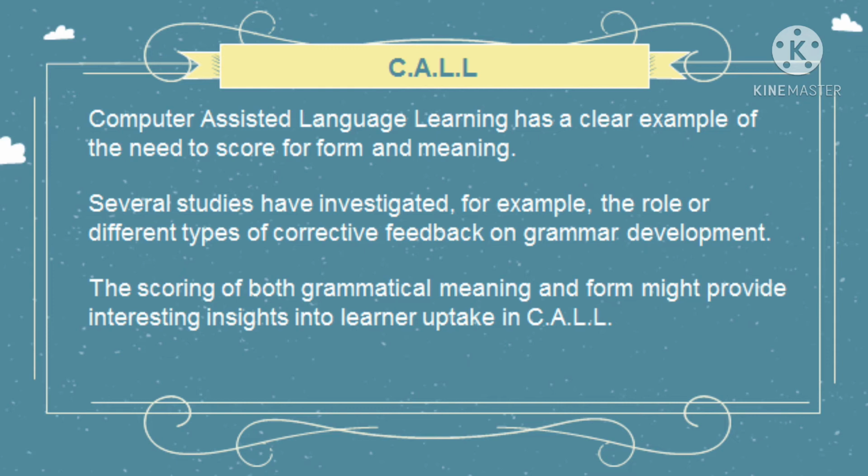These studies proved that there is a need to give a score to the learner's language learning performance in order for them to perform better. The scoring of both grammatical form and meaning, when applicable, might provide interesting insights into learner uptake in computer-assisted language learning.